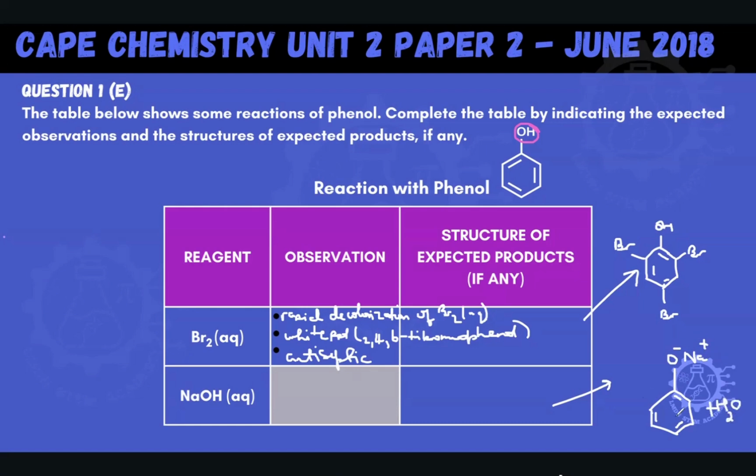So we're going to get the salt and water. And so this salt is actually called sodium phenoxide. Right? That's the salt of that phenol there. So that's sodium phenoxide that we would get in that case. Okay? So this is the structure for here, and then this would be the structure for here. And these are our 3 observations. Okay? And so with that, we've come to the end of this question.